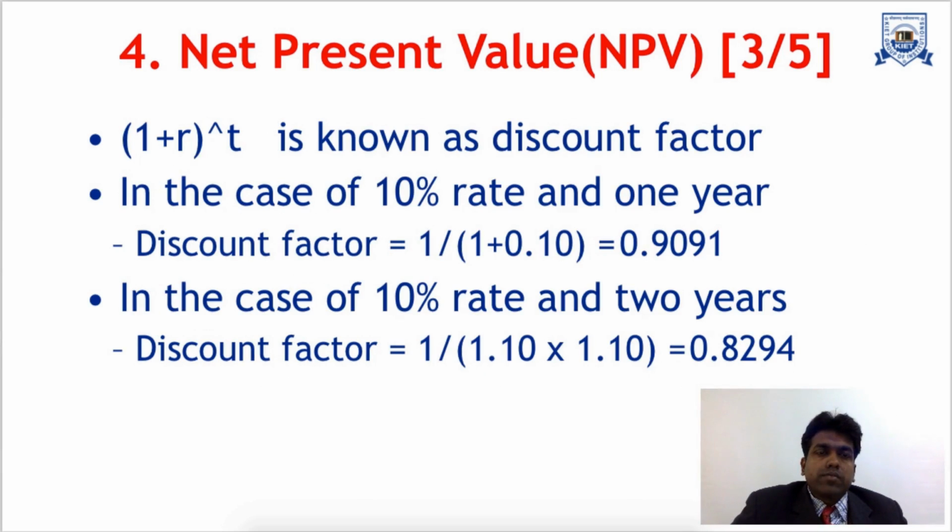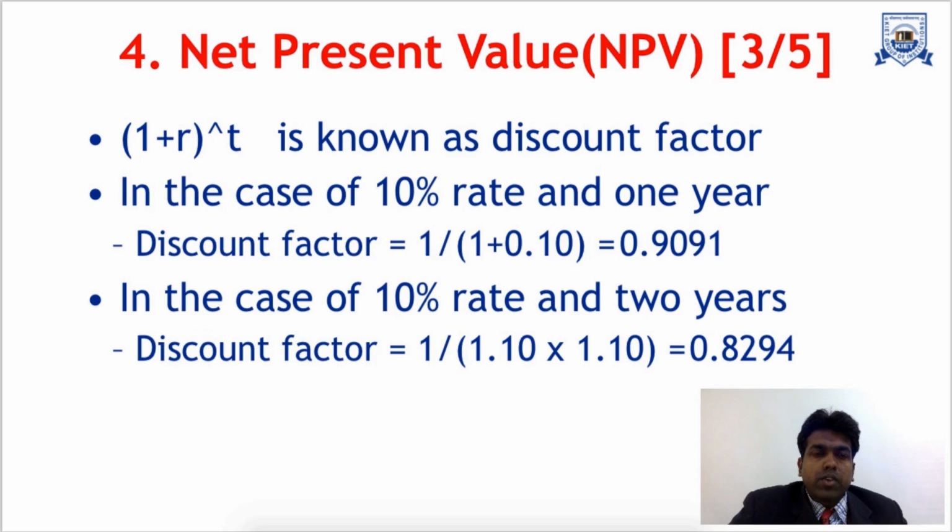So this 1 plus r power t is basically known as the discount factor. Suppose here there is an example. Suppose in this case the rate is 10%, and suppose we are calculating for the first year, or 1 year.